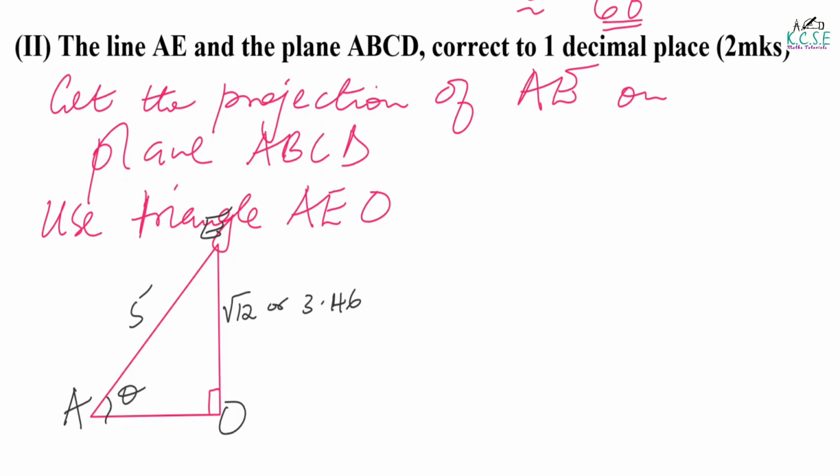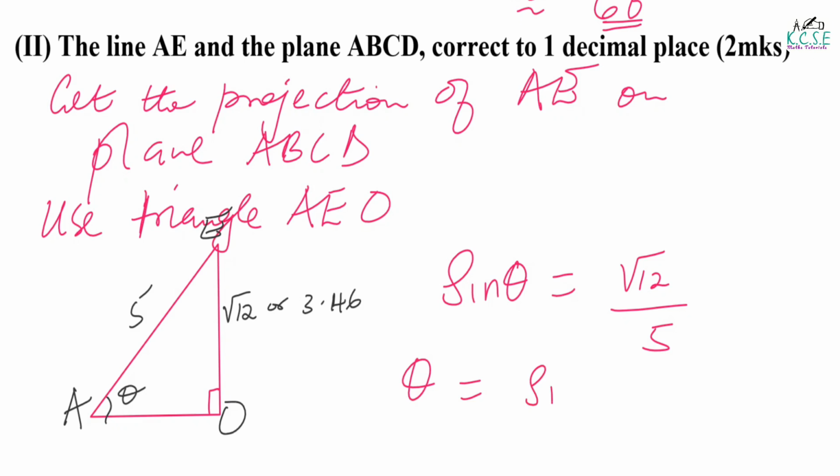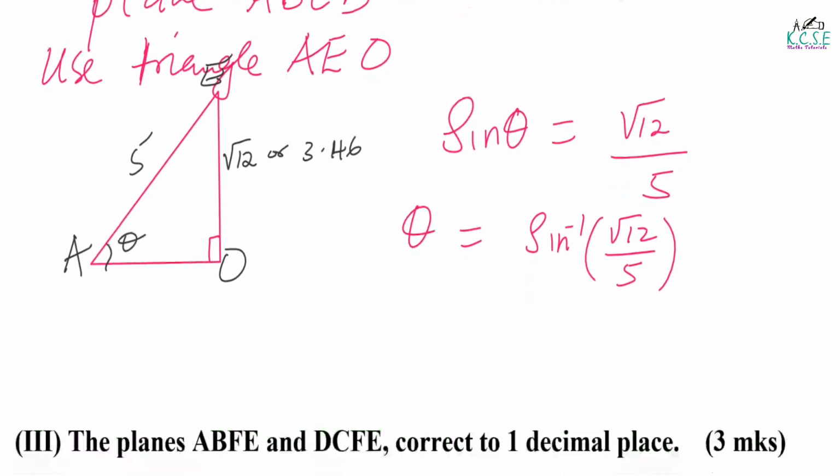So use trigonometric ratios. In this case, we're going to use sine. So sine of that angle will be given by opposite, which is root of 12, or you can write 3.46, divided by hypotenuse. And theta, therefore, that angle will be given by the sine inverse of root of 12 divided by 5.